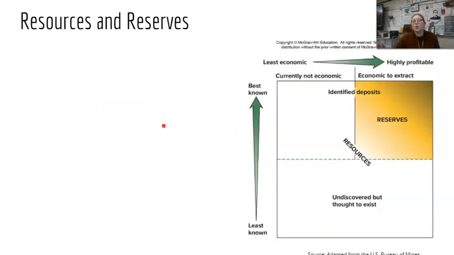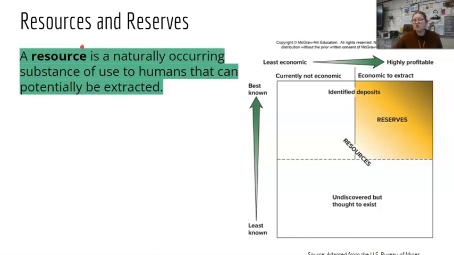All right. One thing we need to talk about when we are talking about these non-renewable energies and how much of them we have is what a resource is versus a reserve. A resource is a naturally occurring substance of use to humans that can potentially be extracted. It's something that exists that we could use, that maybe somehow we could get to.